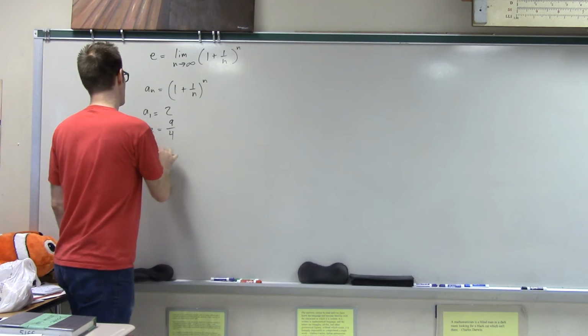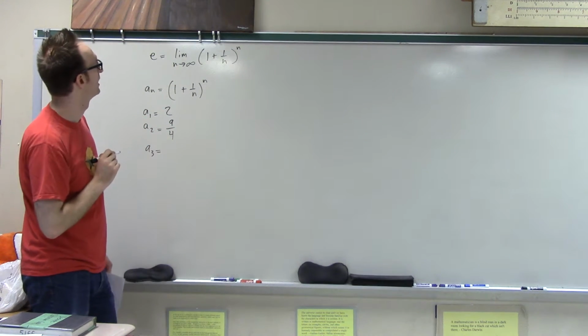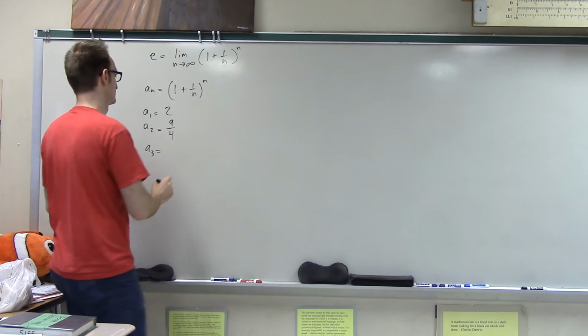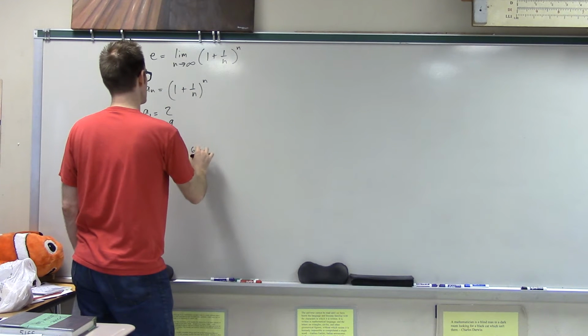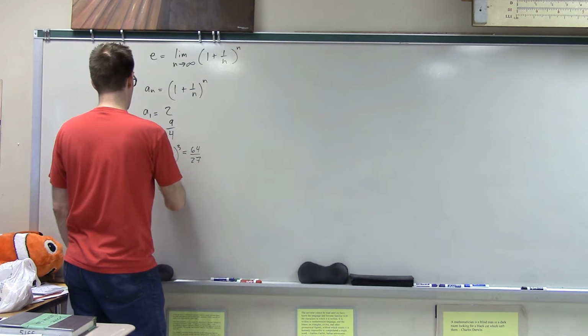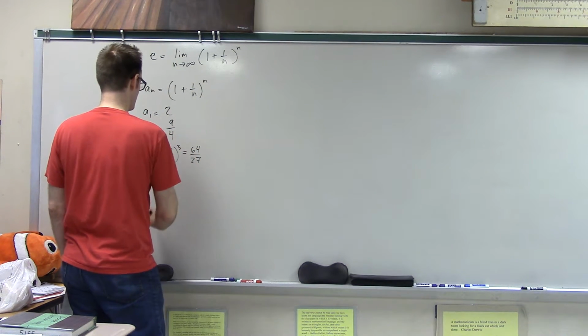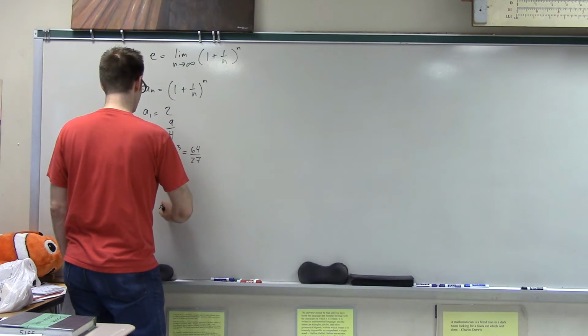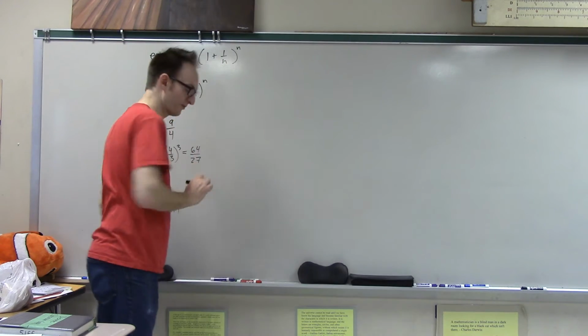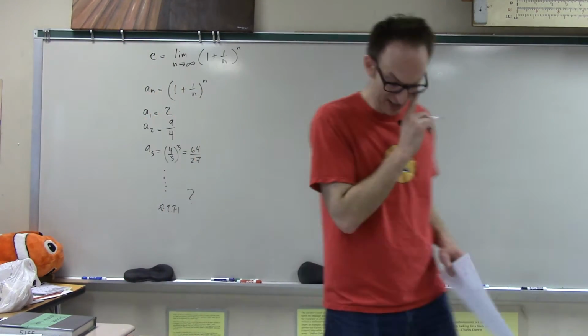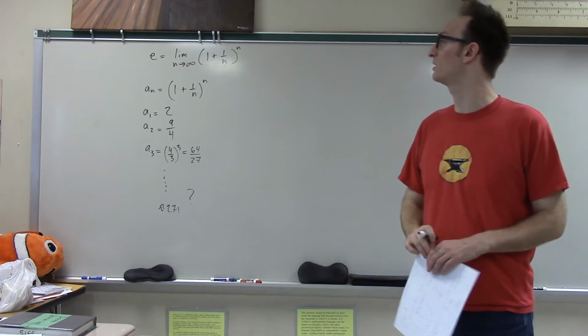And A3 ends up being (4/3) cubed, so it's 64/27. Okay, so on, etc. And apparently this goes to approximately 2.71 eventually. But I don't fully understand why, and even that it approaches that number is not obvious at all.